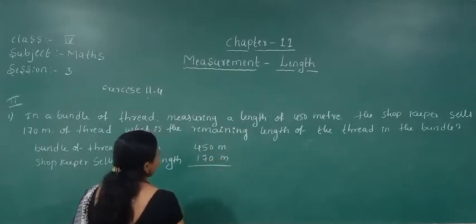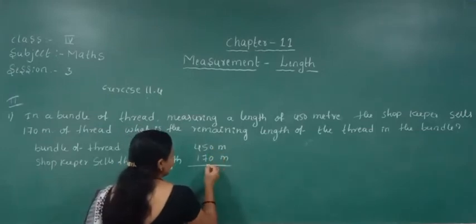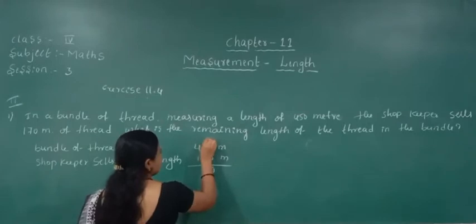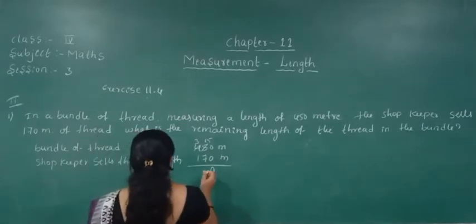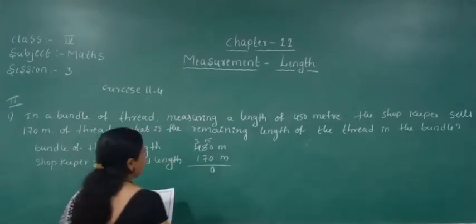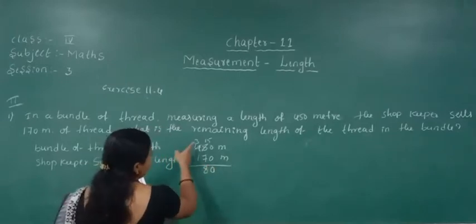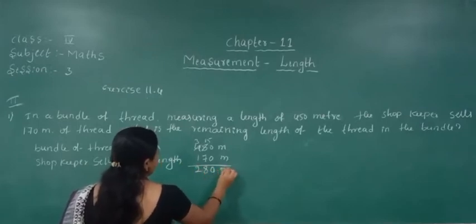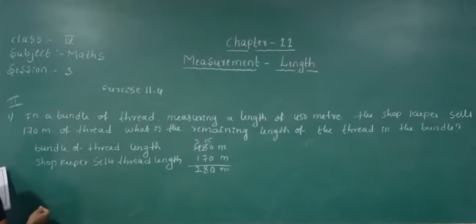Now we subtract here. 0 minus 0 is 0. Here 5 is there and here 7 is there. Can't subtract here, so it will become 15, and the other becomes 3. So 15 minus 7 is 8. Then 3 minus 1 is 2. So the answer is 280 meter.